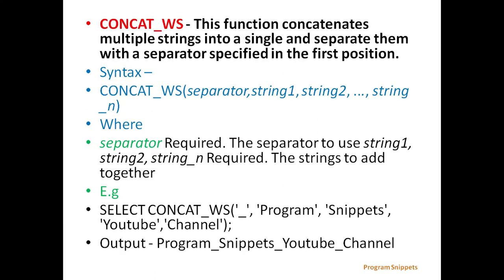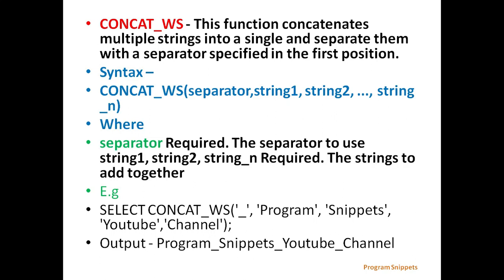Next is CONCAT_WS. This function concatenates multiple strings into a single string and separates them with a separator specified in the first position. General syntax is CONCAT_WS(separator, string1, string2, up to string n), where separator is a required parameter which specifies the separator to be used with the strings, and string1, string2, string n are required parameters which represent the strings to be added together.